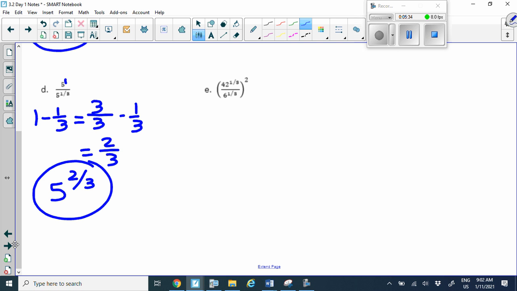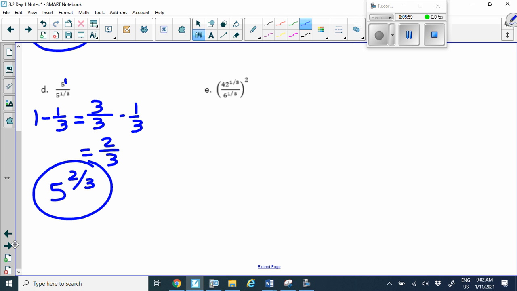Okay, let's do our last one here, E. So we have 42 to the 1/3 over 6 to the 1/3, all taken to the second power. Okay, so here, once again, you have multiple ways of doing this, right? So we could rewrite this because notice, though the bases are different, they both have the same exponent, okay?